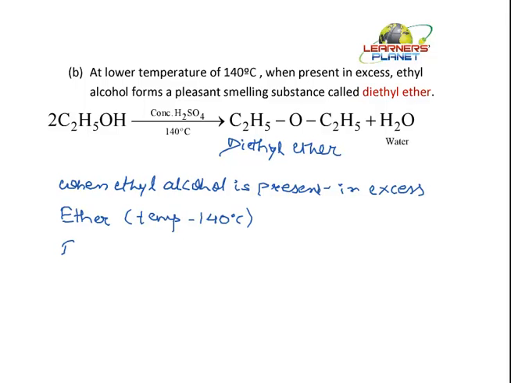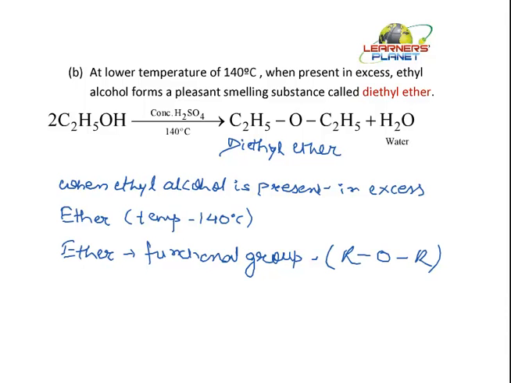And ether, what is the functional group? It is oxygen only, that is oxygen at the center, and there are two R groups. So it is also called as oxy. So at 170 degree centigrade it is forming an alkene, and at 140 degree centigrade it is forming an ether.